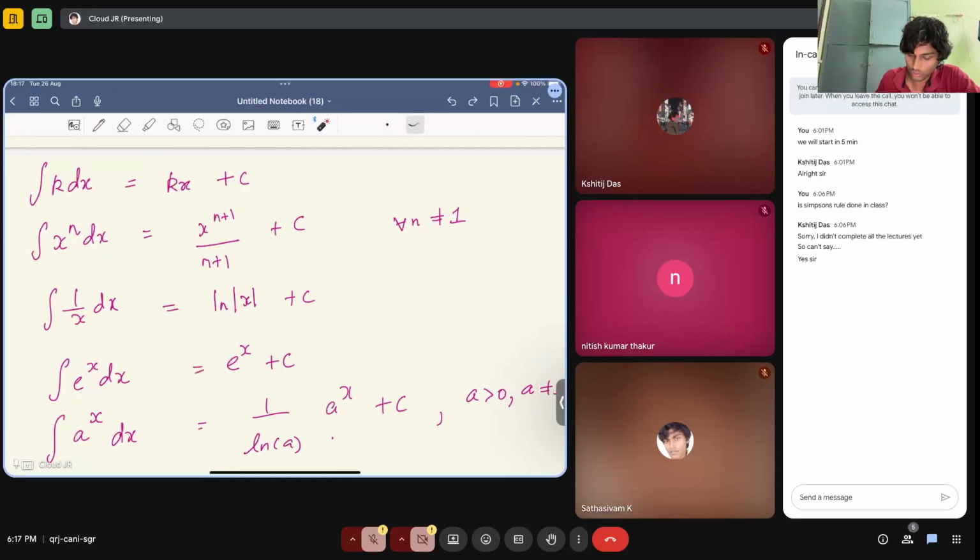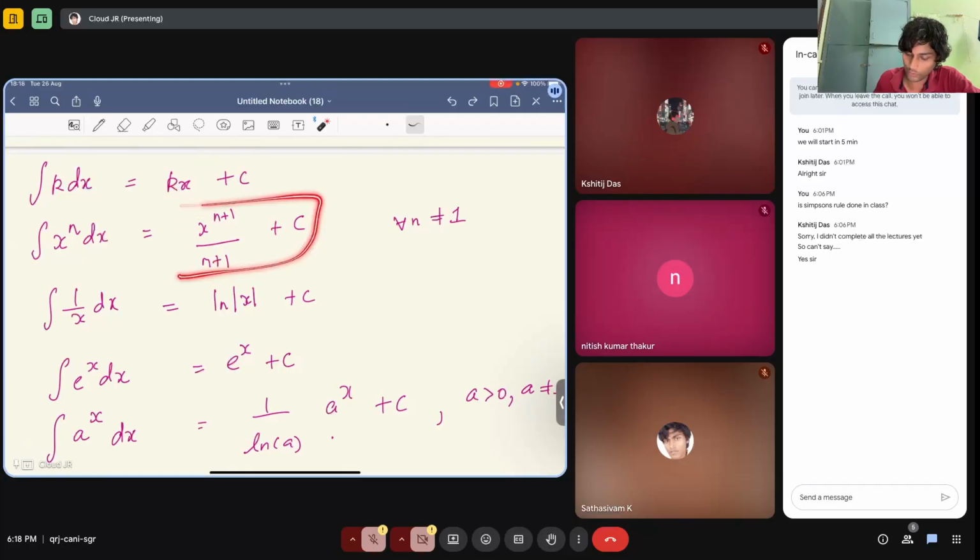How do you prove, let's say we take this, how do you prove that the integral of this is basically this term? We want to say that this is the antiderivative of this term, x power n. So what you do is you take this term and take the derivative of it.